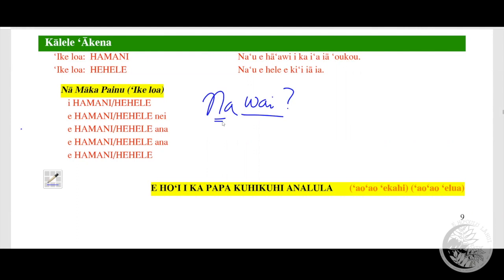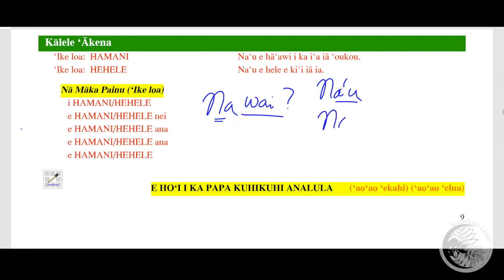Think about English: if I'm going to say, who's going to take out the garbage? Nāwai. And I respond, for example, I will. It is I. And we use the term naʻu. You notice it's not nāwau, but naʻu in that format, just like the possession format. Or if I'm going to say, who's going to take out the rubbish?